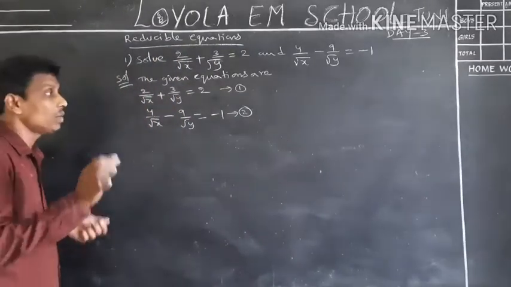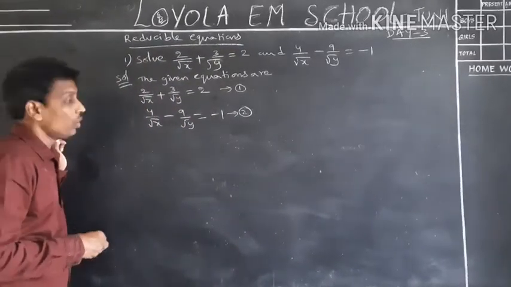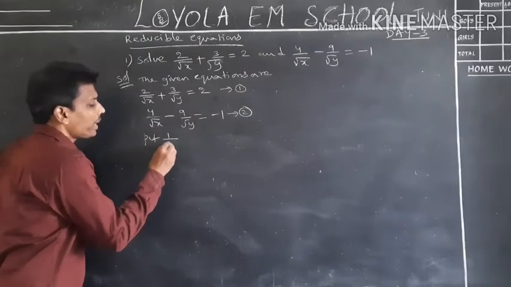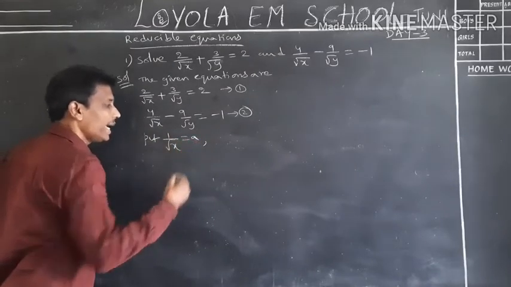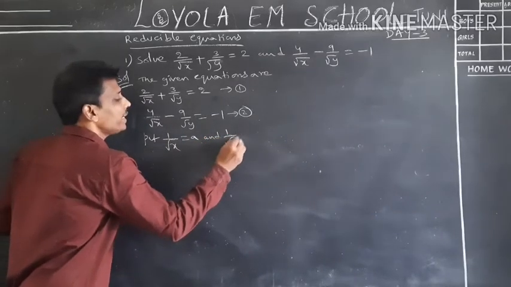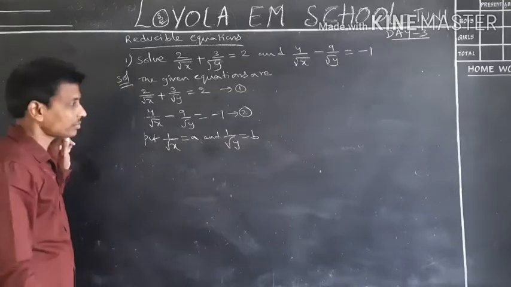So here I would like to take a substitution. What is that substitution? Let us see. Put 1 by root x equal to a and 1 by root y is equal to b.